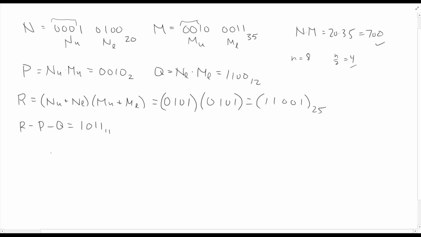Remember, the whole value now, my n times m, is equal to my p times 2 to the n plus my r minus p minus q times 2 to the n over 2 plus just my q. So now I just want to know what these three values are.